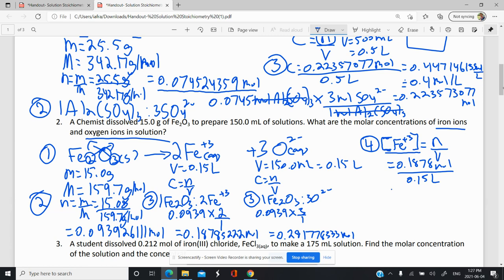And I'll get 0.1878522 divided by 0.15, 1.2523 keeps going moles per liter, which is approximately, we have 3 sig figs is the smallest. So it's about 1.25 moles per liter.